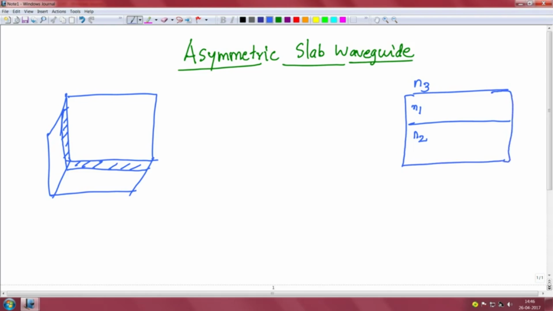For example, we can form this by diffusing impurities into a glass substrate. Also, we are considering only the step refractive index profile.